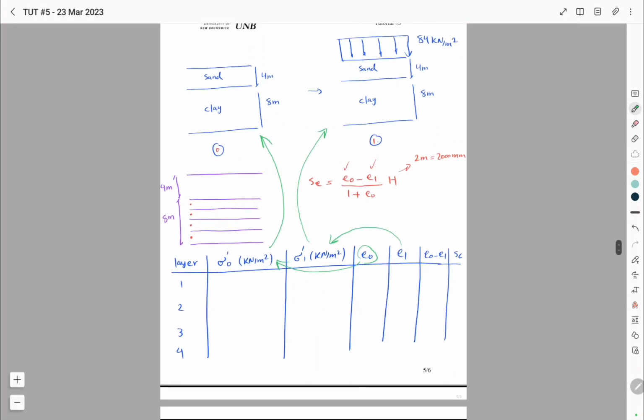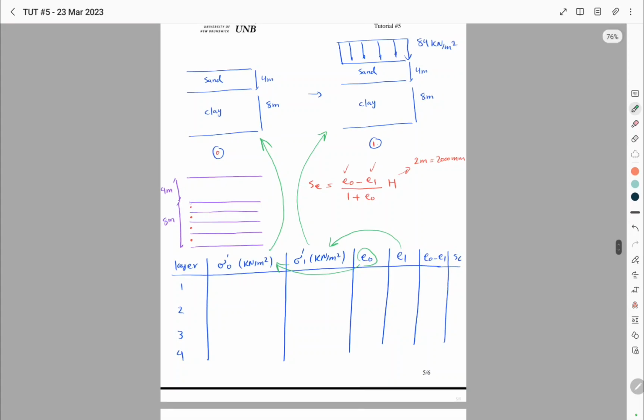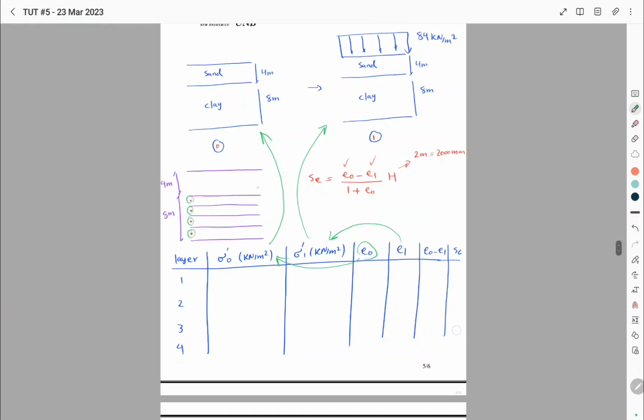So at each of these points, we have to determine the value of effective stress before and after applying the load. In the first layer, it's at a depth of 5 meters, and there's no load before putting the fill, so we only have 5 meters of 2 soils actually.